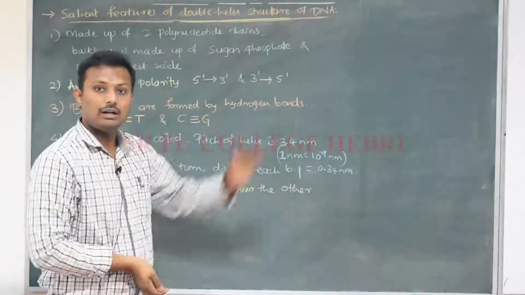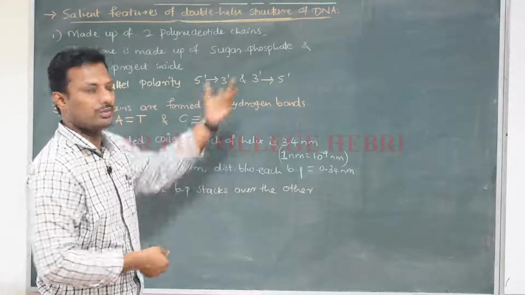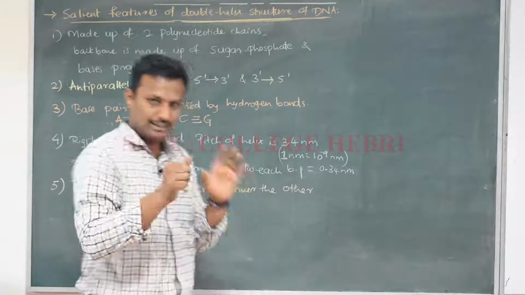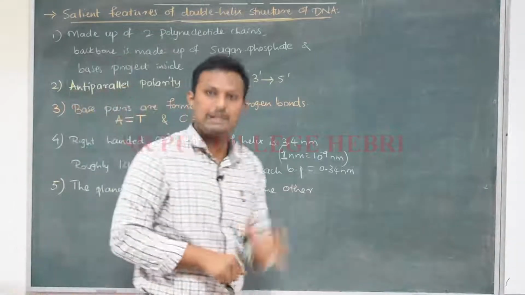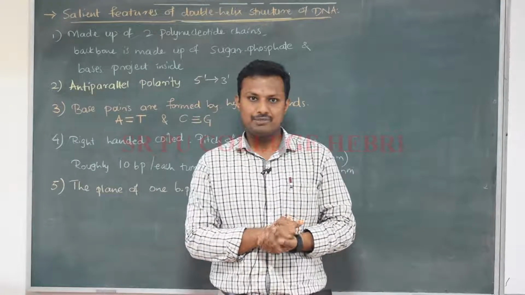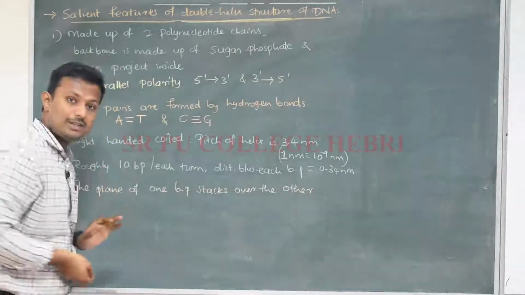After understanding the background of how this was proposed and what was the basis for the proposal of this double helix model, let us now understand what is explained in this double helix model by Watson and Crick. Let me explain with the help of the diagram. The first point, what does it say?